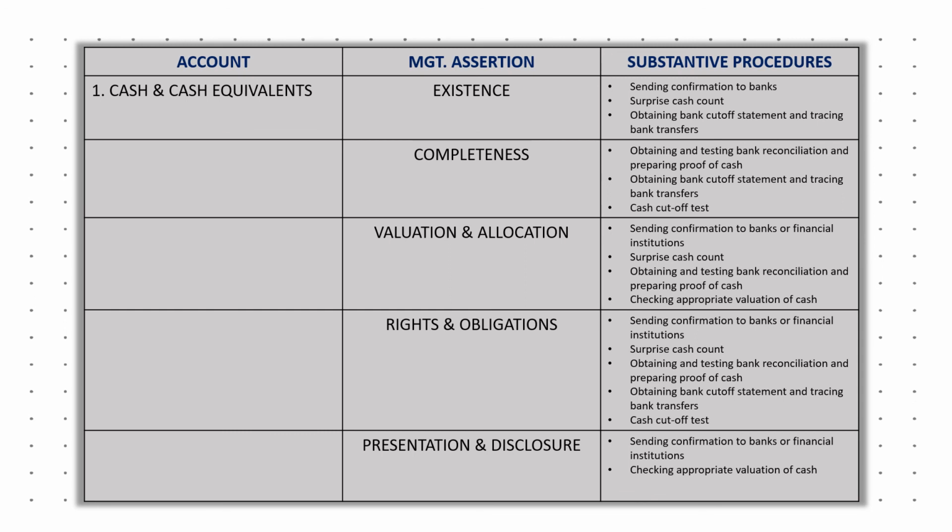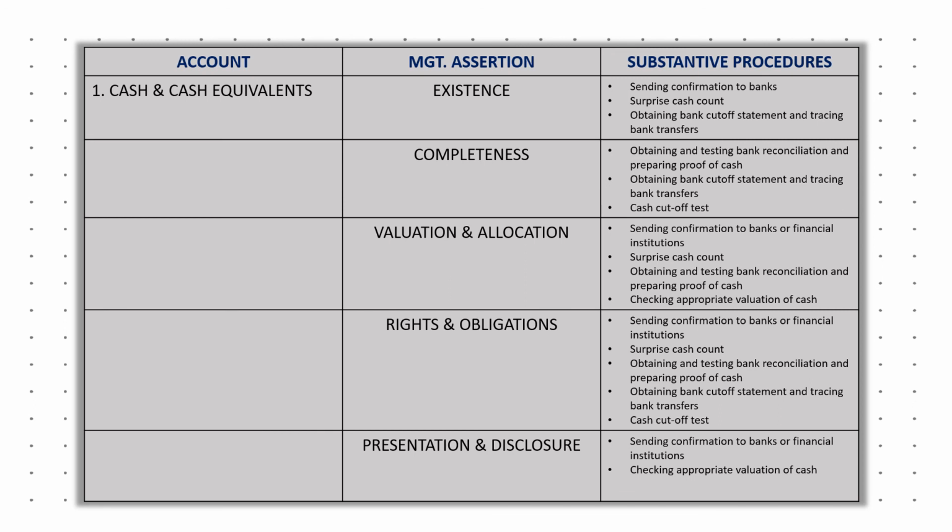So, next is kailangan natin ng surprise cash count para sa cash on hand. So, also, you can perform obtaining bank cut-off because para ma-avoid yung pagka-transfer ng one bank account to another account para tapalan yung mga kulang na pera. Kaya that's why nagka-cut off yung bangko.